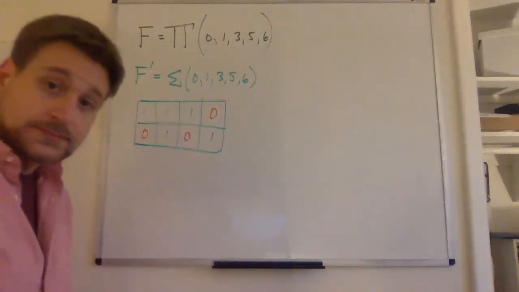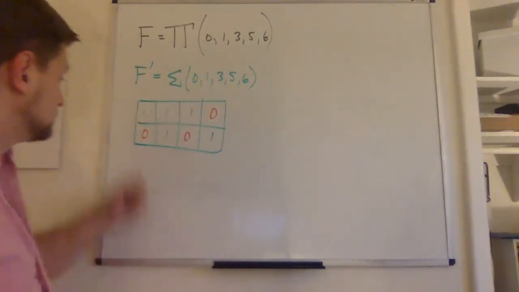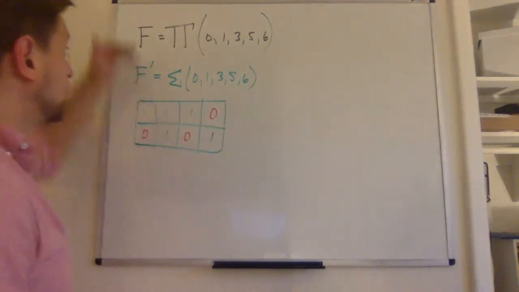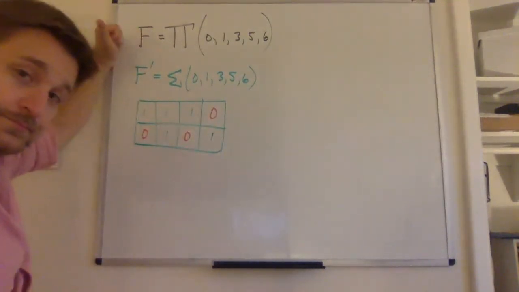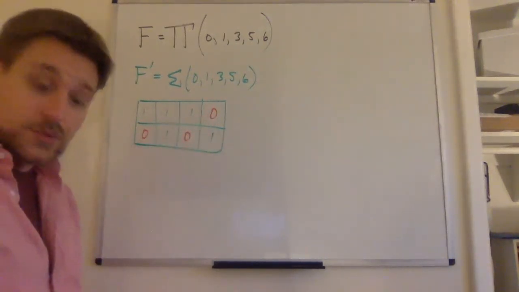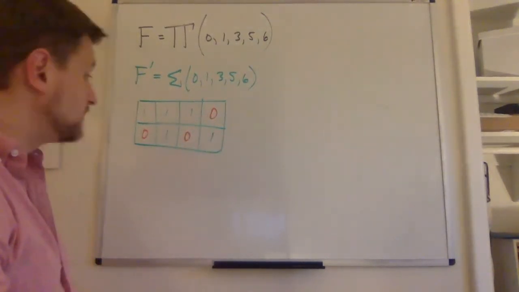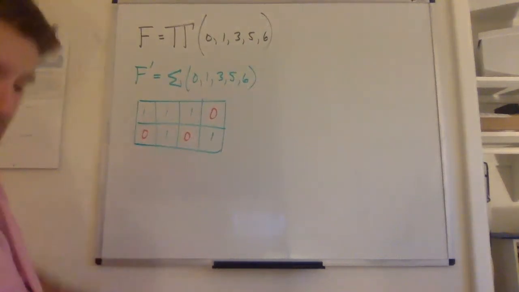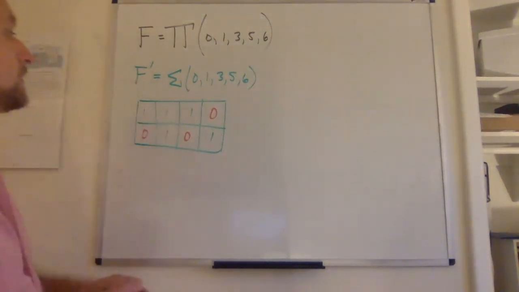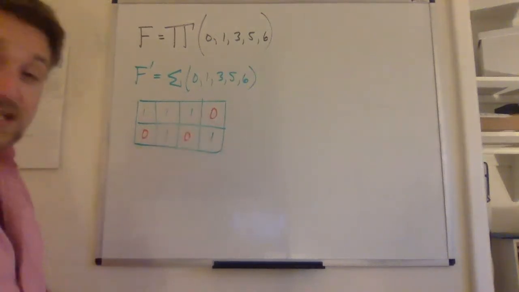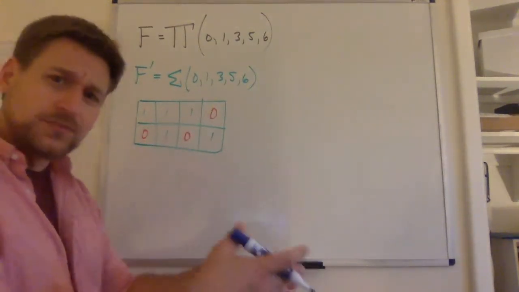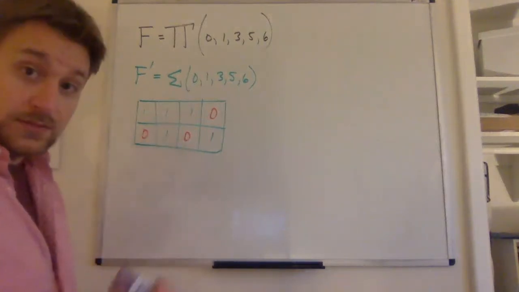But 1, 2, 3 terms. 3 terms is all we need to write this function. Remember, these are minterms, so we end up expressing this function f, which we've represented here with the zeros of the complement of f, which seems a little bit redundant, but it works.